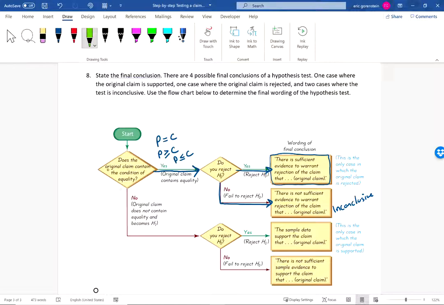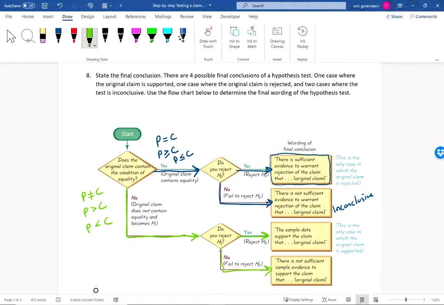And going back, does the original claim contain equality? If the answer is no, so if the original claim is not equal to, the original claim is greater than, or if the original claim is less than, you go down here. And then again, the question is, do you reject the null hypothesis? Yes or no?